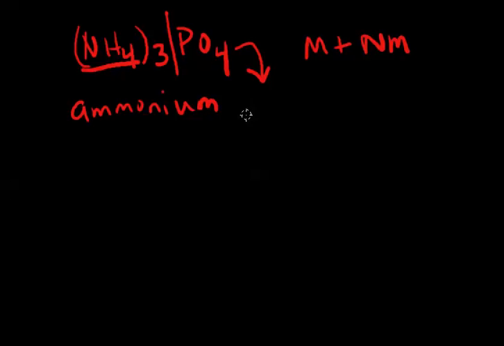And it turns out you should have figured out that PO4 is phosphate. So this is ammonium phosphate. And I don't think I said it before, but to name these, you just name the positive ion, then you name the negative ion.